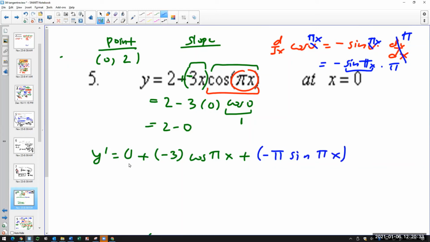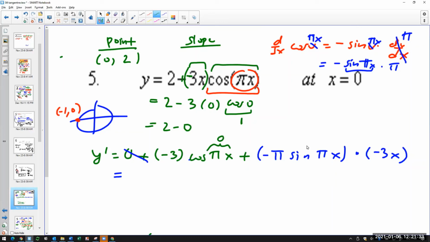All right, derivative of the first, where did I get the 0? Oh, okay, derivative of the first times the second plus derivative of the second times the first. All right, and I want to get this into a number. Let me go ahead and kill this 0. I don't need that. This is going to be negative 3 cos. Sorry, this right here needs to be done first.